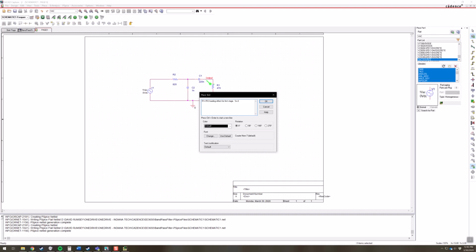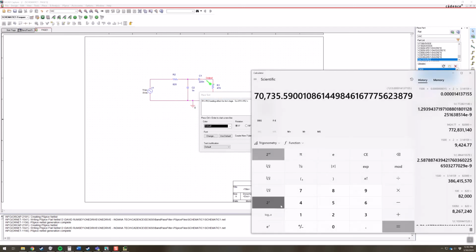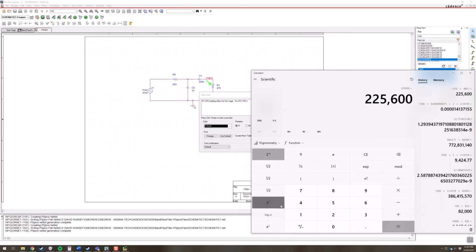So R1 in parallel with R2 would be, let's do a quick computation, 470 ohms times 820 ohms divided by 470 plus 820.